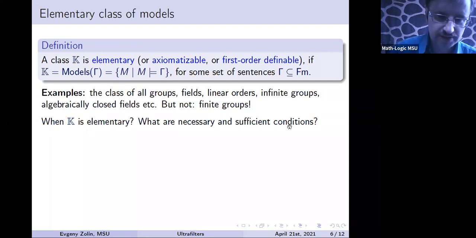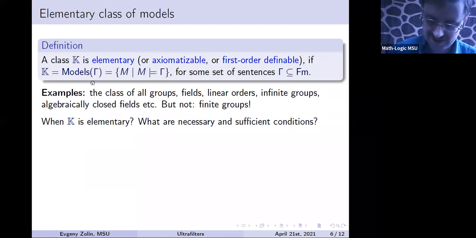We need necessary and sufficient conditions, but conditions of what kind? Usually in results of this kind, conditions are understood as conditions of closure under some operations. So we say that a class K is elementary if and only if K is closed under this operation and this operation and this operation, and possibly closed under this relation and this relation between models.